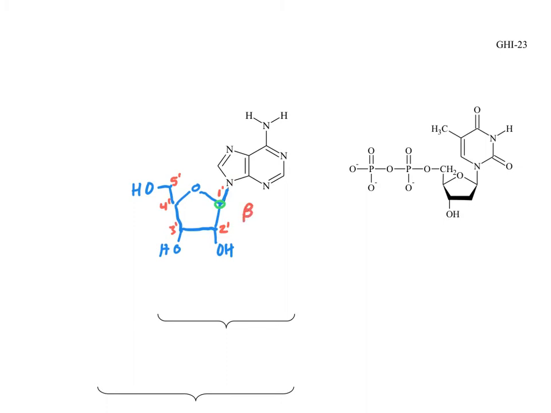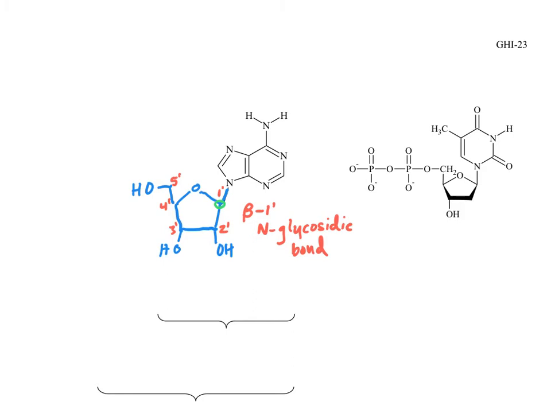This is a beta 1 prime N-glycosidic bond. We've seen nitrogens attached to sugars before, and we call them N-glycosidic bonds instead of O-glycosidic bonds.